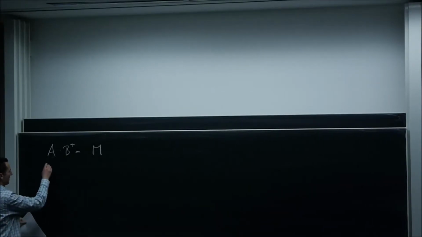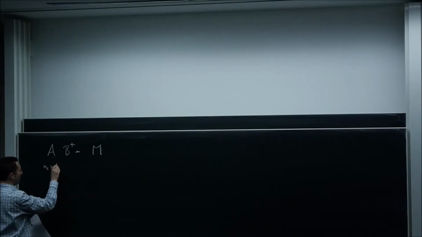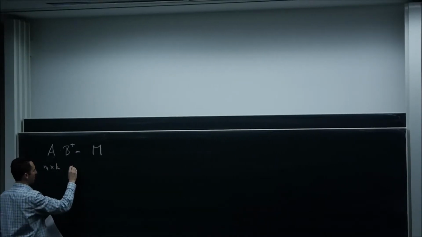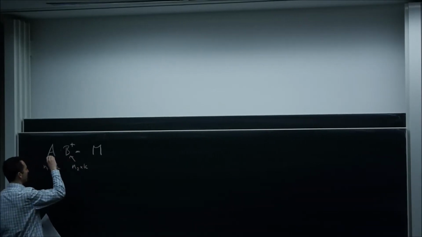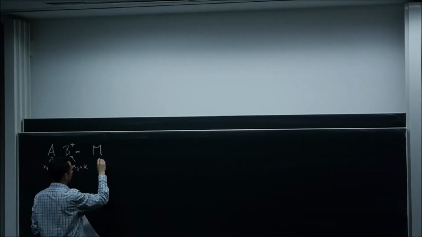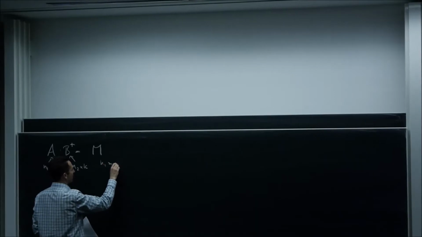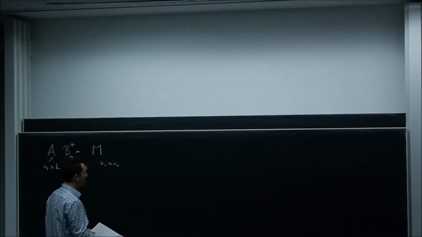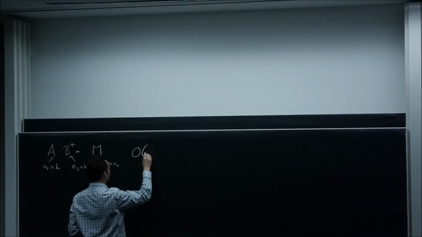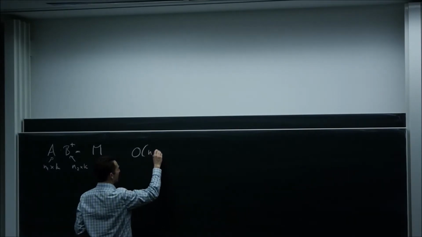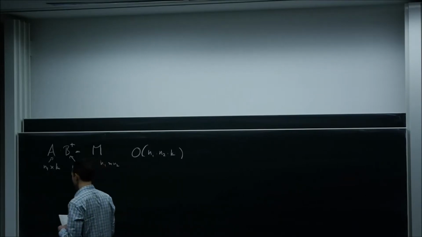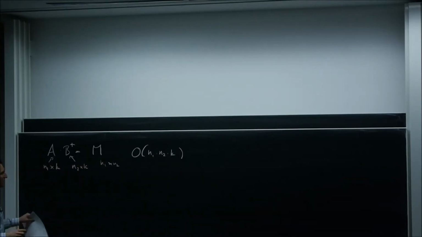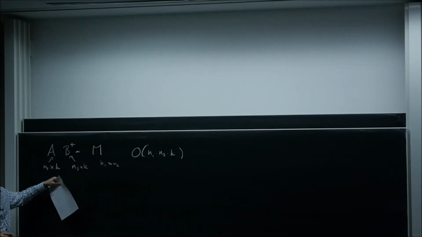So I'm assuming that A is N1 times K, and B is N2 times K. So basically M is N1 times N2, and the usual operation count would be N1 times N2 times K. So the question is, can I do this more cheaply?